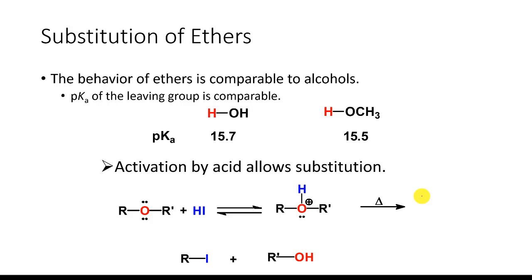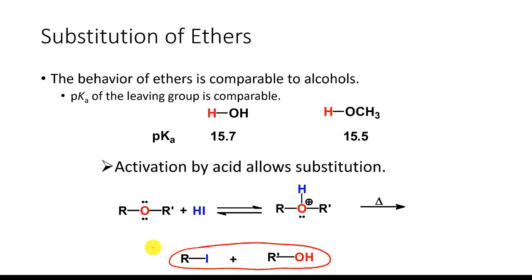Now, ethers will undergo substitution reactions just like alcohols will. One of the common ways to do substitution reactions of ethers is to protonate the ether functional group, just like you protonate the alcohol functional group in alcohols. The difference, though, is when you do the substitution reaction, you end up with two organic products typically.